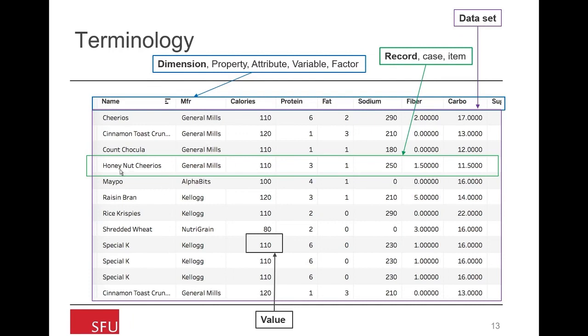And that item, in this case, Honey Nut Cheerios, has a manufacturer. It has a serving of the cereal, has a certain number of calories, certain amount of protein, etc. And the entity, Honey Nut Cheerios, has a single element of each one of the variables that are listed in the table.